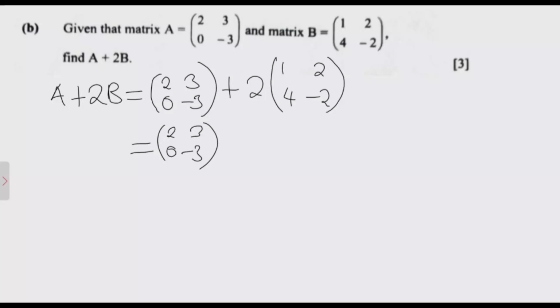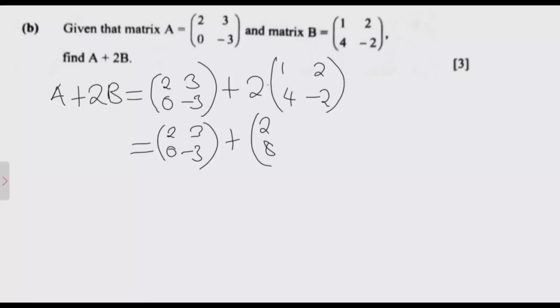So 2 times 1 will give us 2. So I'm going to say plus, open bracket, 2. Then 2 times 4 will give us 8. So I'm going to write 8 down here.